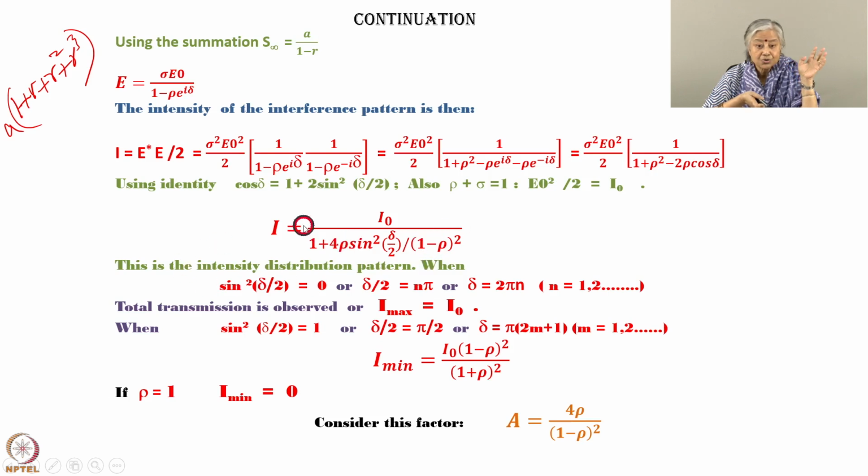Sigma is nowhere in the picture. So, all I need to know for those two plates of the Fabry-Perot is the reflectivity on the inner surface of those two plates. Once I know that, I know the interference pattern that is coming out of that Fabry-Perot.